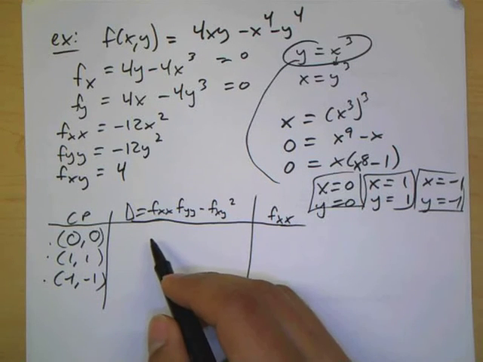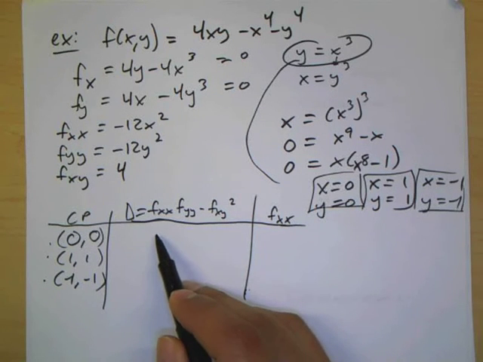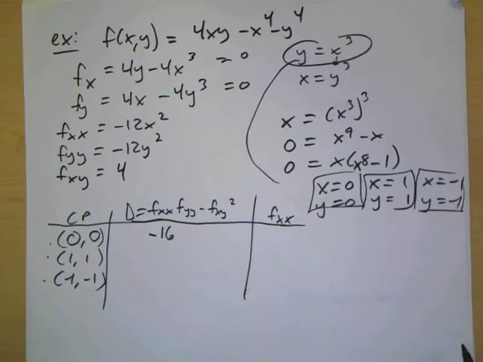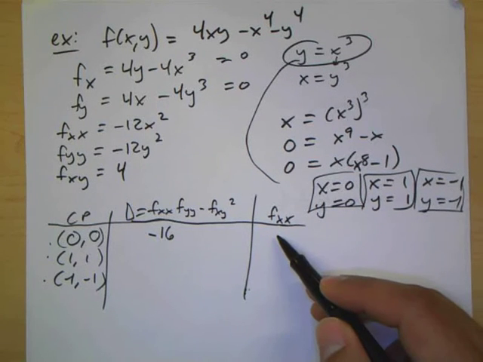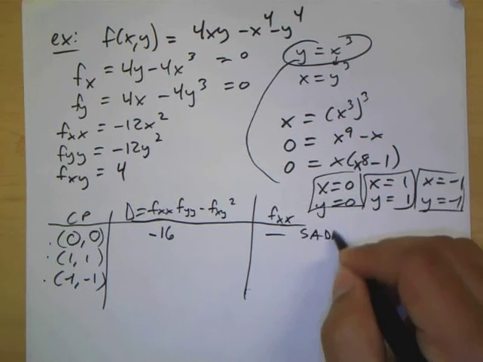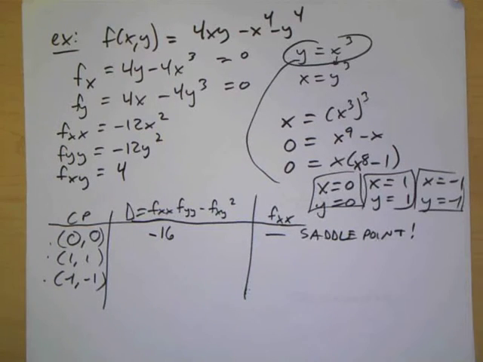When you do that, you get, for the first one anyway, what? Negative 16. And now partial xx we don't care about. It's just a saddle point. If D is less than 0, it's a saddle point.